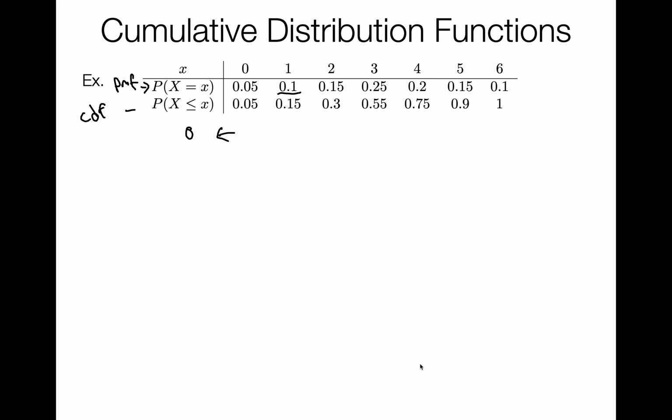And then if you go on to the next one, at 2, it's 0.3. And so then what did I add up? Well, I added up everything at it or less. So 0.15 plus 0.1 plus 0.05, 0.3. And so you keep on going until you get to the end. And as promised, down here, the CDF ends at 1. It always has to. Okay?